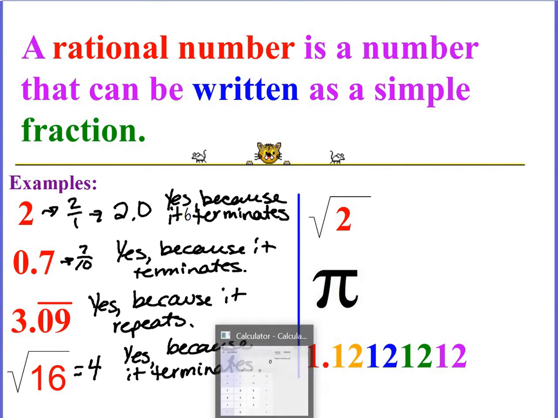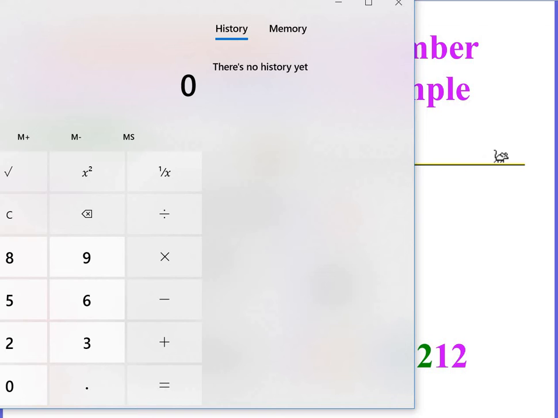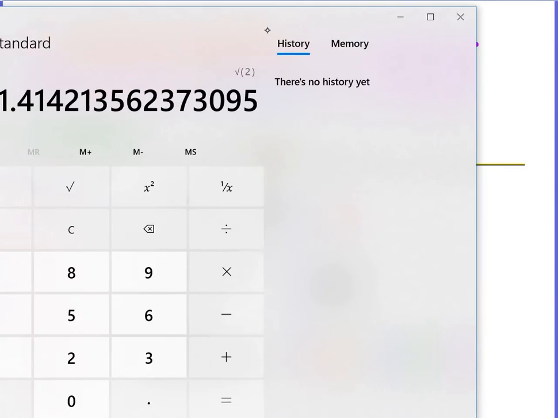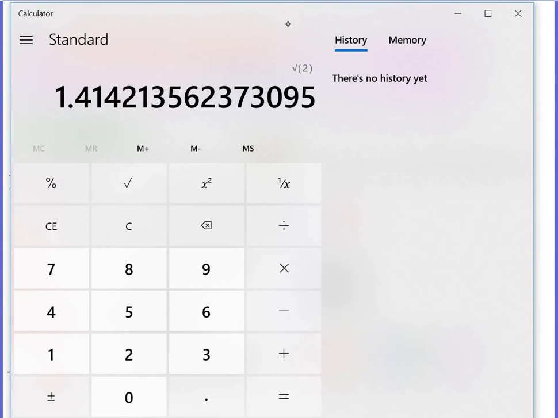Square root of 2. If I take 2 and square root it, notice that this number goes on forever and ever, and it doesn't end. Even though my calculator looks like it ends, it doesn't. The only reason it stops is because my calculator doesn't go on forever.